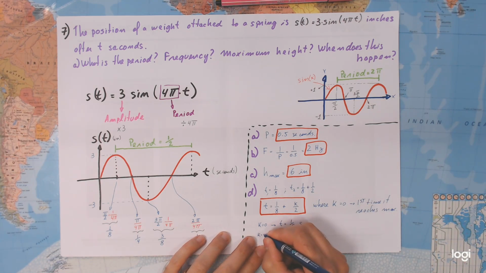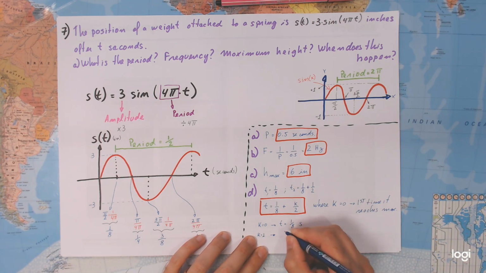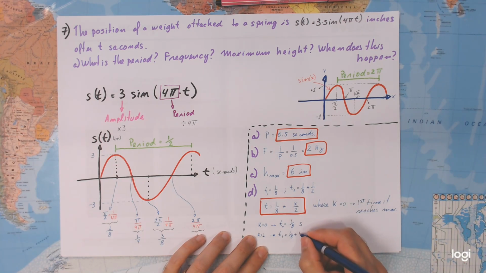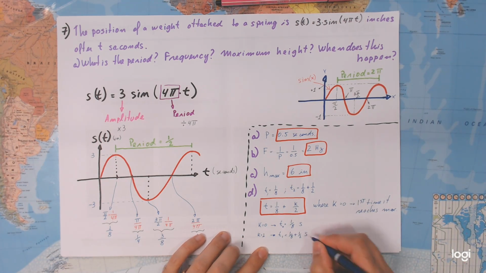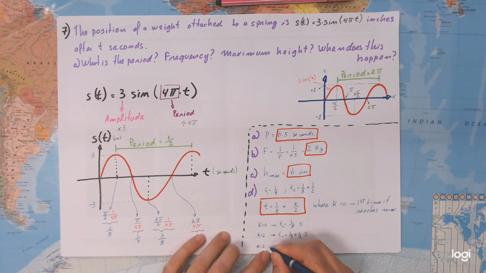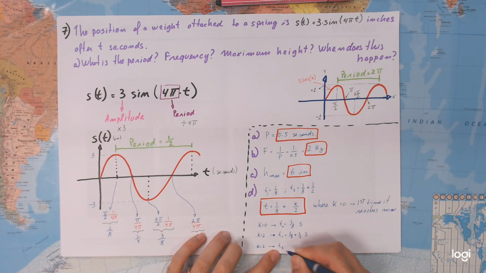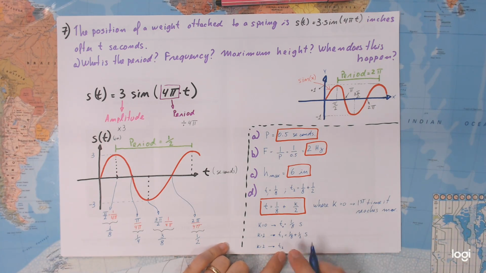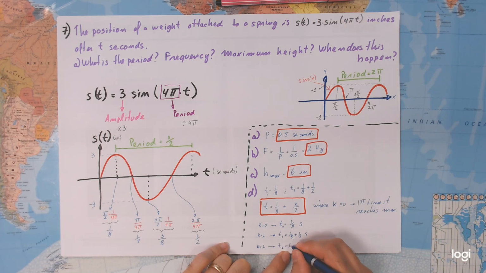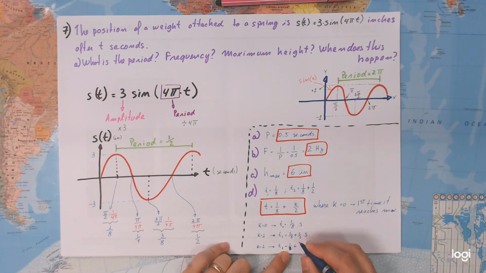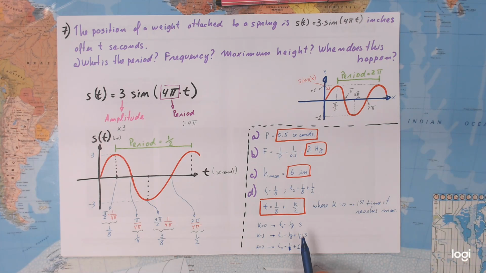For k equals 1, this is t0, we have t1 is going to be what? 1/8 plus half of a second. K equals 2, we have t2, it is going to be the third time it gets the maximum. It is 1/8, I'm sorry, this is 1/8 plus 1 second. And this would be the answer.